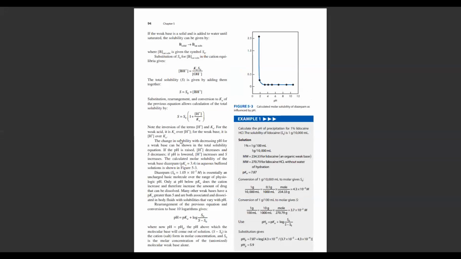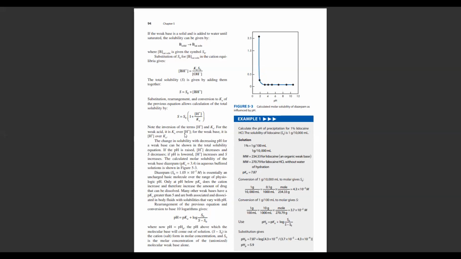For example, a weak base in an acidic condition or low pH, the weak bases tend to be protonated. That is, they take up hydrogen ions, and this protonation reduces the solubility of weak bases in an acidic condition.